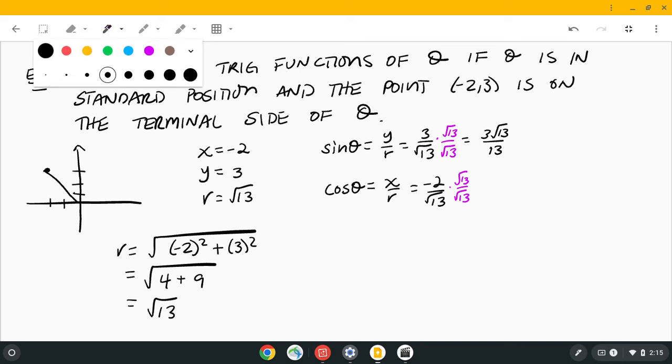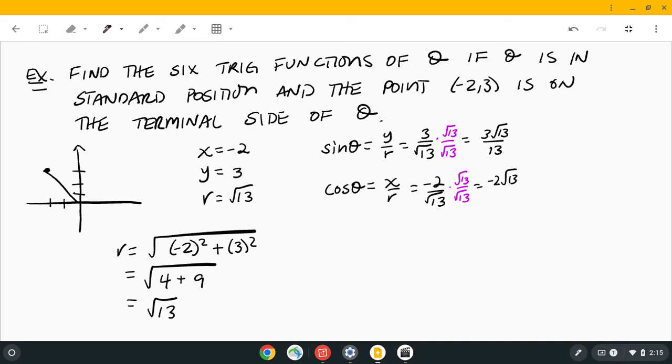And that will give us -2 square root 13 over 13, because square root 169 is 13. Okay, and then tangent theta is y over x. Y is negative 2. Nope, y is not negative 2. Y is 3. And x is negative 2. Okay.